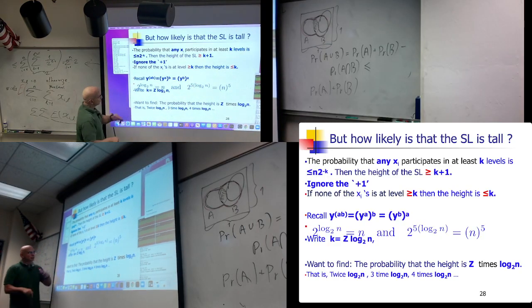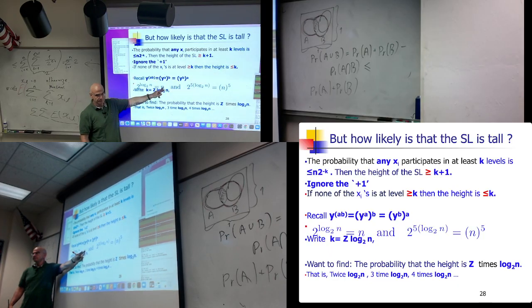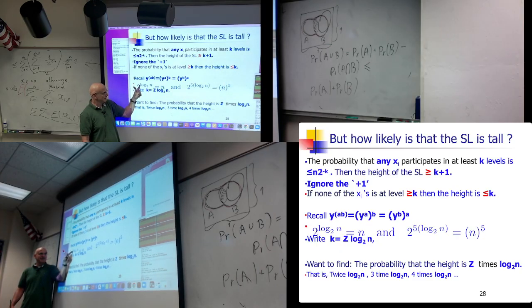What is 2 to the power of log 2 of n? It is just a complicated way to write n. Right? 2 to the power of log 2 of n is just a complicated way to write n. Because log just asks to which exponent you should raise 2, so you'll get n back.